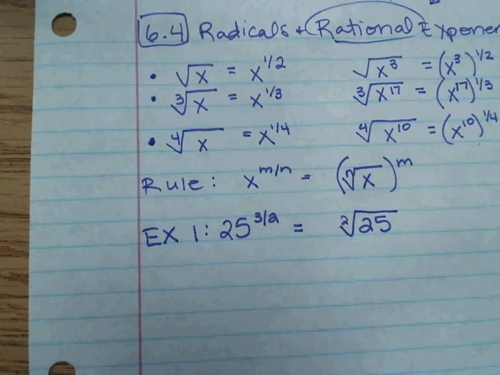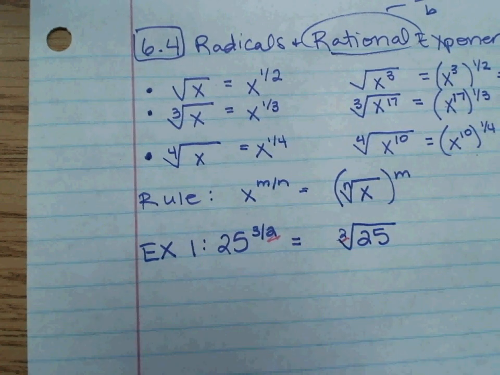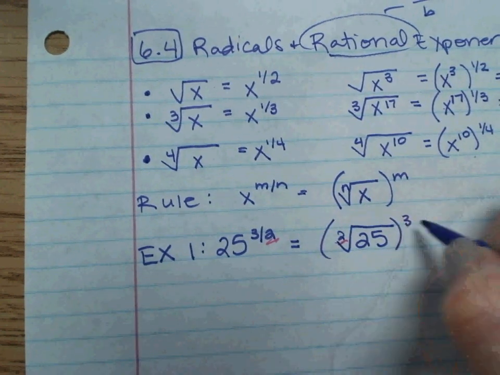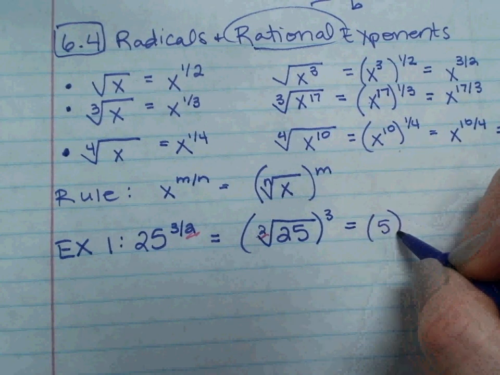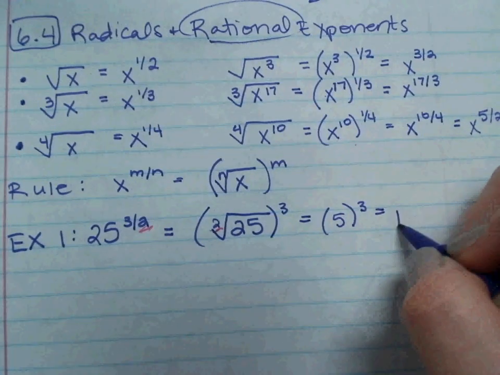The denominator is the thing that goes in the index. The square root of 25 is 5. And then 5 to the 3rd power is 125.